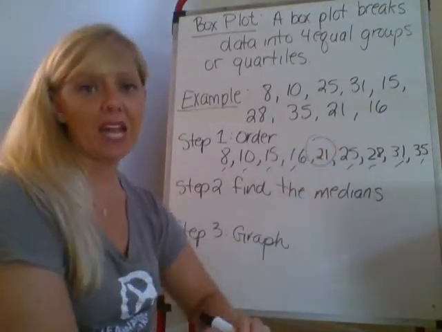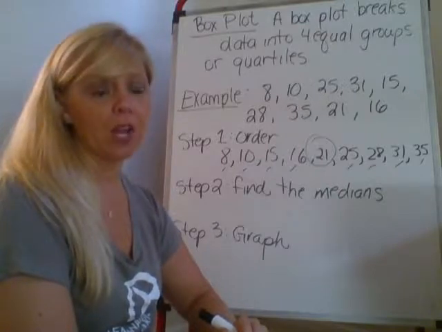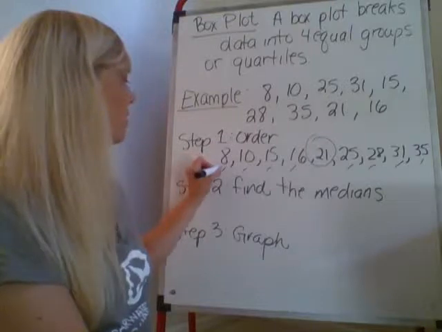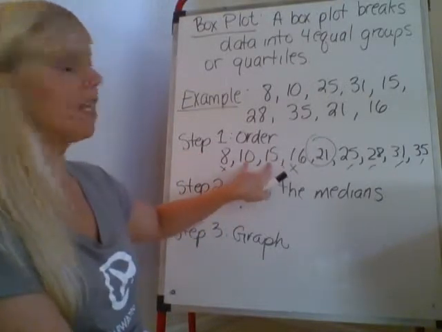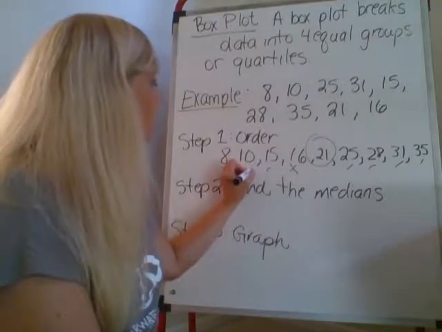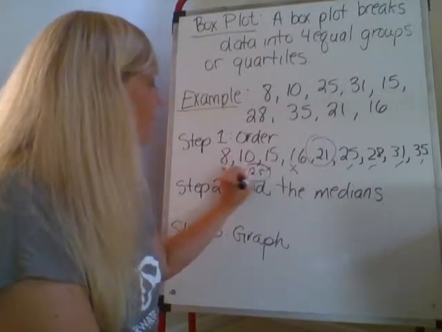In this case, I have an actual number, 21. Then if I go down to these lower numbers and start crossing off 1, 2, here is my lower median. It's between 10 and 15, so 12.5 is going to be my lower median.